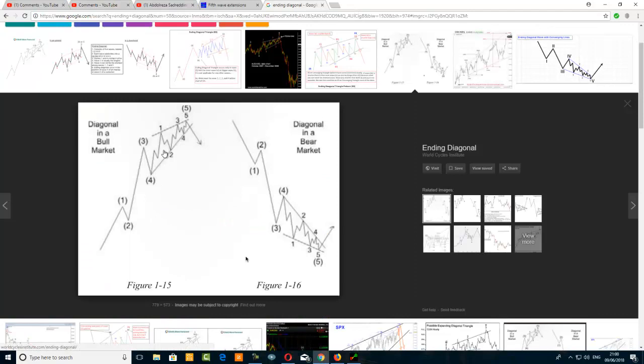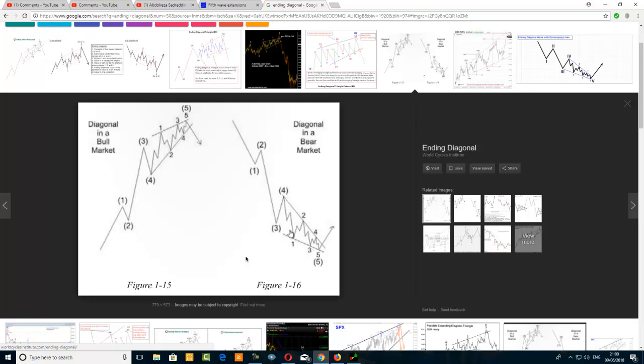So you see, this is the pattern. If you are in a downtrend, okay, you have a first wave, second wave, third wave, fourth wave, and the fifth wave will be an ending diagonal. As you can see here, the triangle will be pointing down. This is what he's talking about. The triangle will be pointing down, all right, before we see a bullish breakout. So in the case of the ending diagonal in a downtrend, which is forming during the fifth wave, yes, it's a triangle formed of 5 minor waves subdivided into 3, all right?